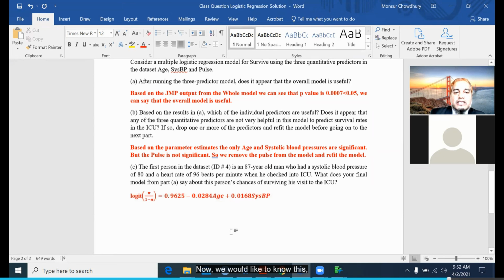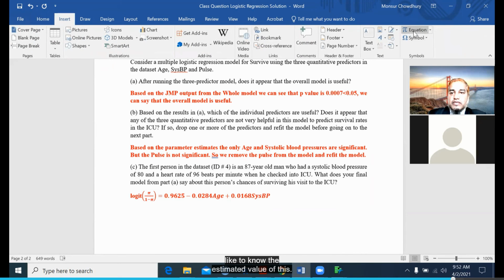Now we would like to know the chance that someone survives. When you check the blood pressure, the first person in the ICU had a systolic blood pressure of this, and then you want to know the person's chance of surviving his visit to the ICU. That means we'd like to know the estimated value of this.